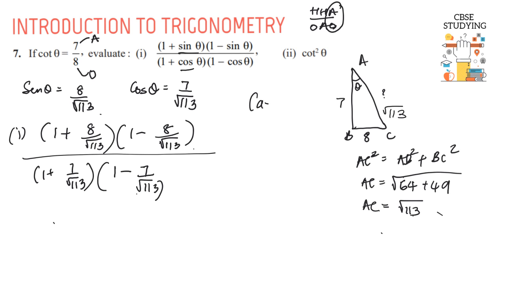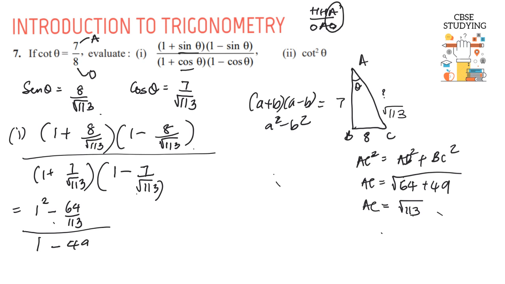Now we know that a plus b into a minus b is equal to a square minus b square. So I can say that this becomes 1 square minus 64 by 113, squaring it, and 1 minus 49 by 113.